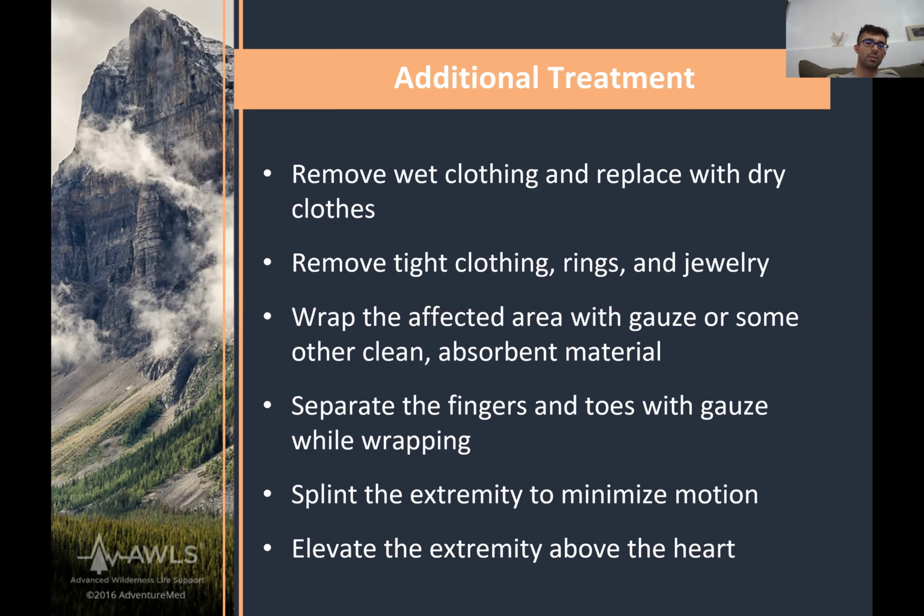However, that way they can still move and be functional at the same time. If you are thawing, then you don't have to splint, because you want them to get the best blood flow they can. And kind of as an aside, if you do splint them and you're having them help walk out themselves, they are getting improved circulation just by helping extricate themselves. Again, if you're splinting, elevate that part above the heart if you can.